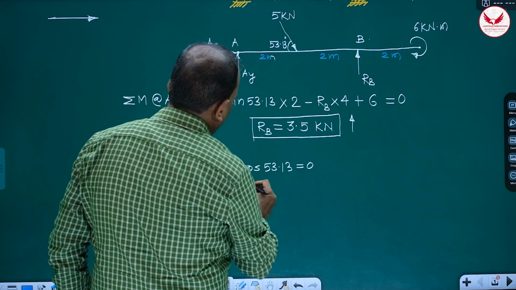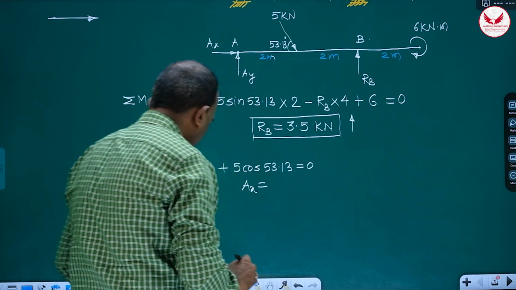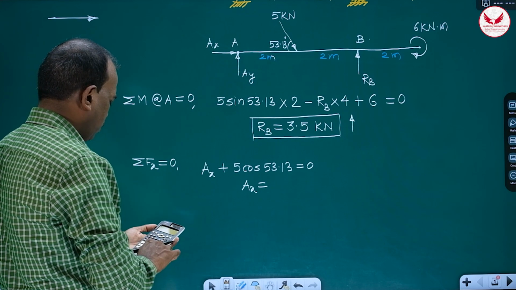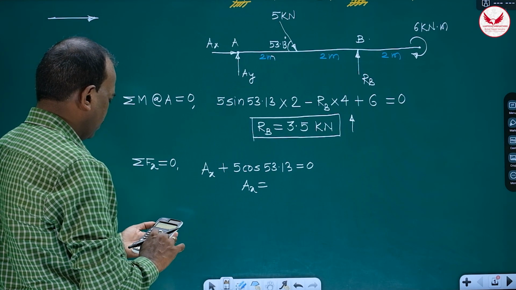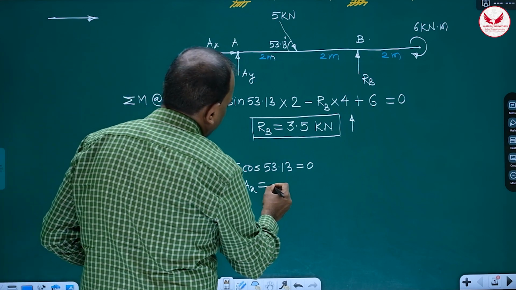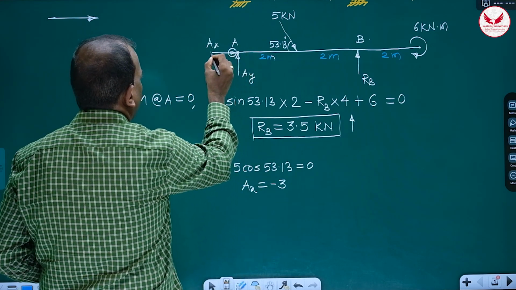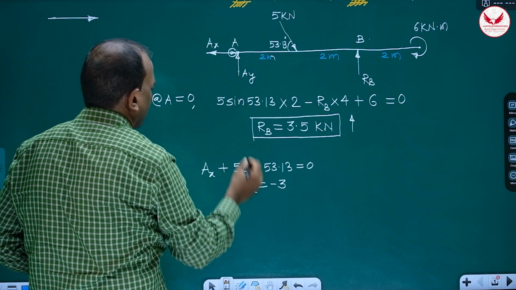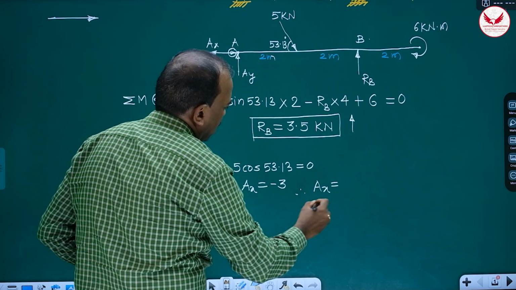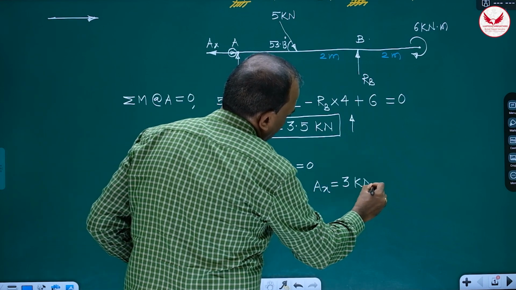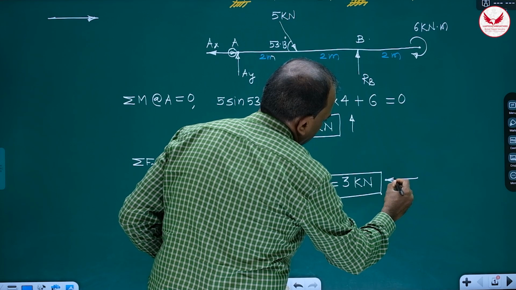It is equal to 0. Means we'll get Ax is equal to 5 cos 53.13, it is going to be 3. But it is minus 3. Minus 3 means this direction is wrong. Please remember, it is not towards right, it should be towards left. Hence, I can write Ax is equal to 3 kilonewton, towards left. So this is the correct direction.